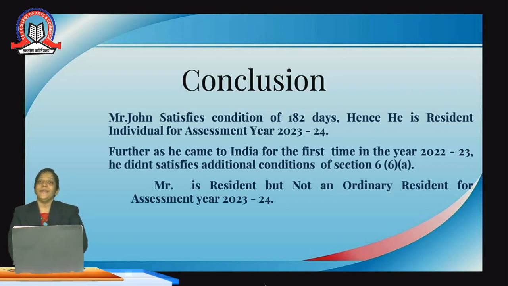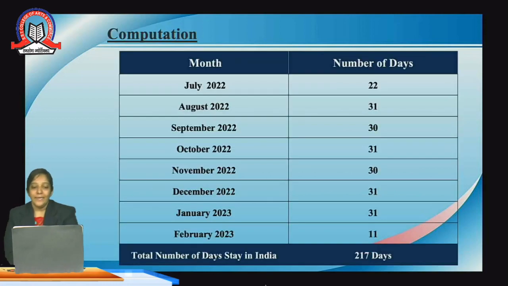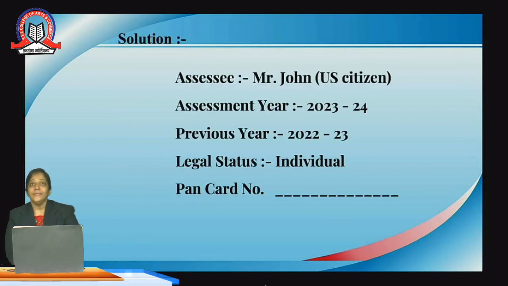Now in this way we will have various questions based on the individual assessee's details about how many days the person was in India, and accordingly we need to calculate and do the practical example as per this method.